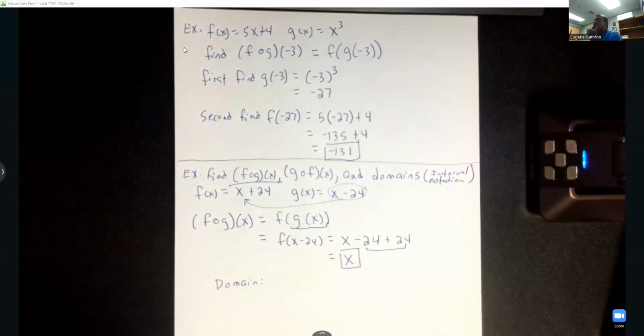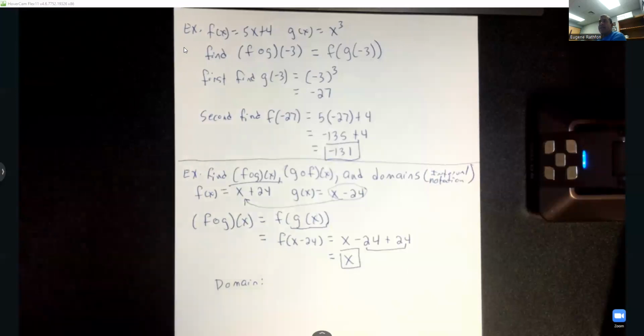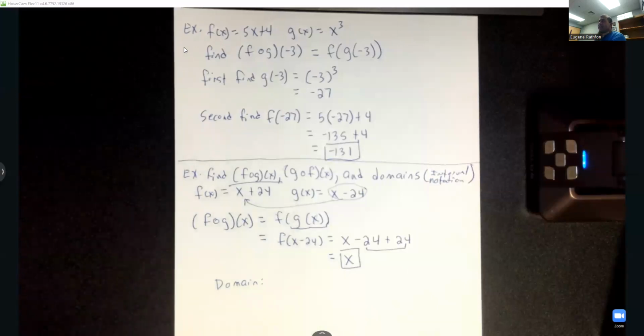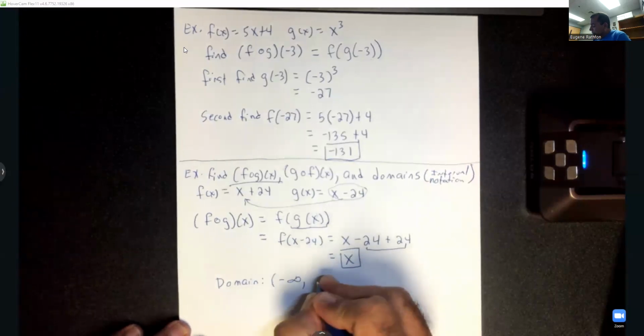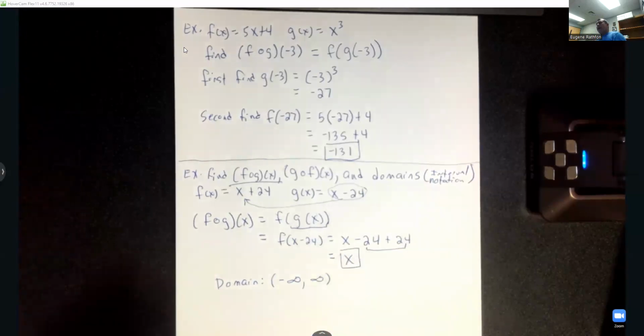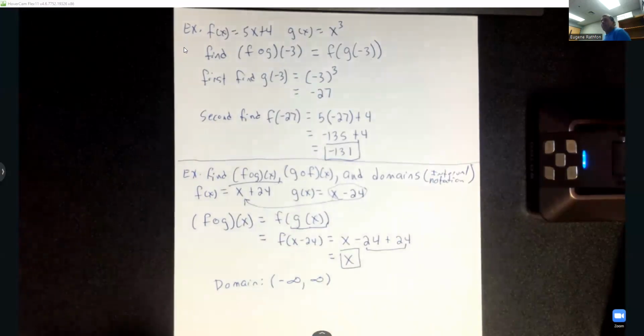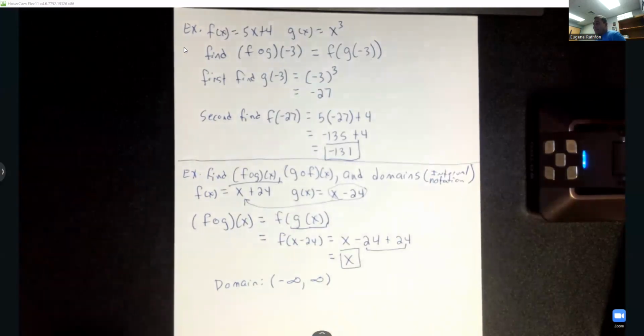So let me ask y'all this. Do y'all see any fractions? Oh, perfect. Since we don't have any fractions to worry about, it'll go from negative infinity all the way to positive infinity. So good job.